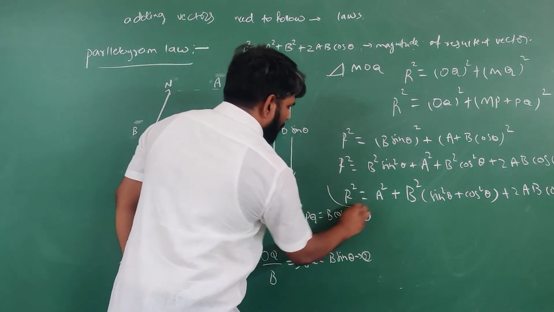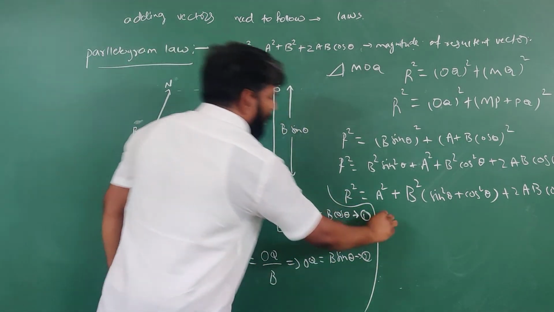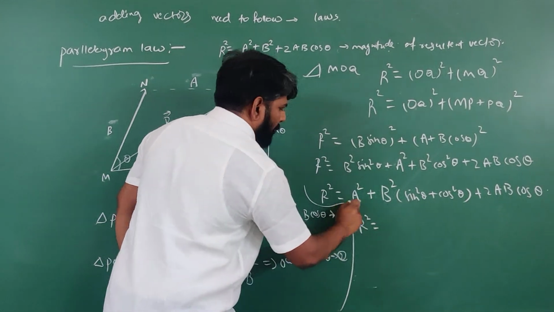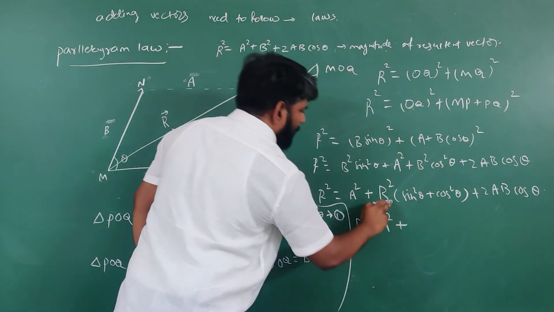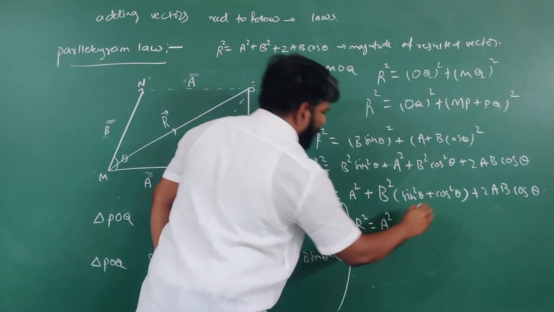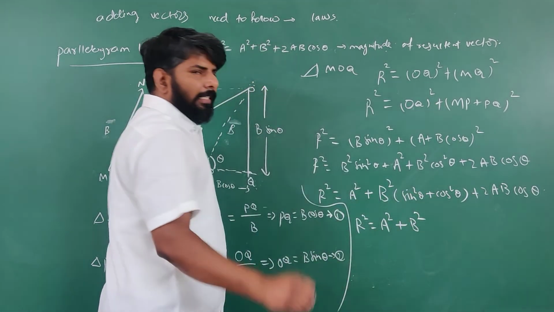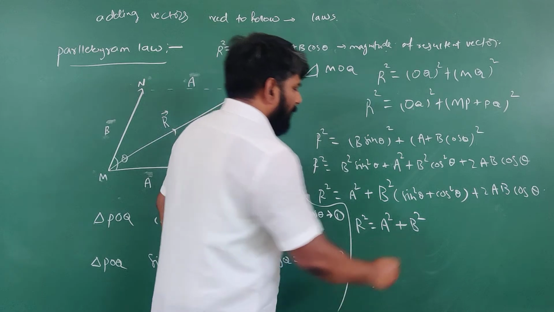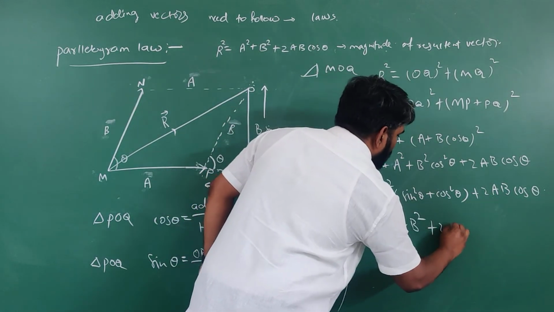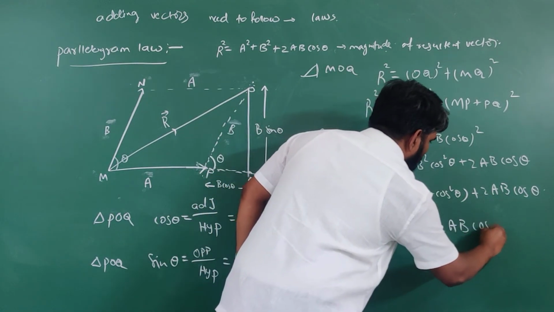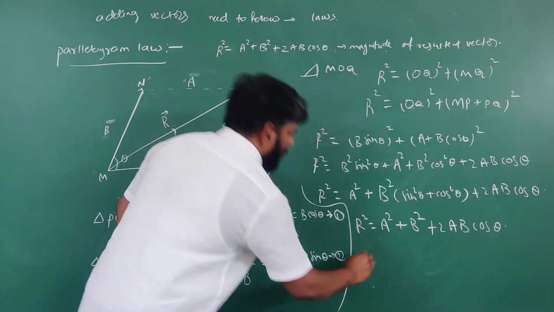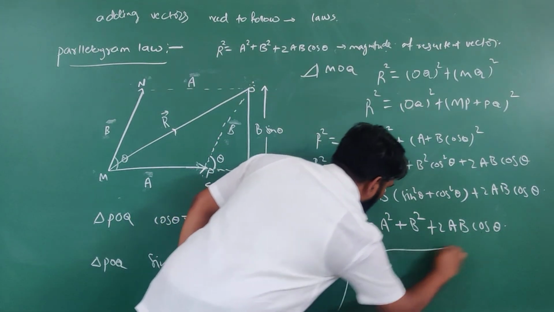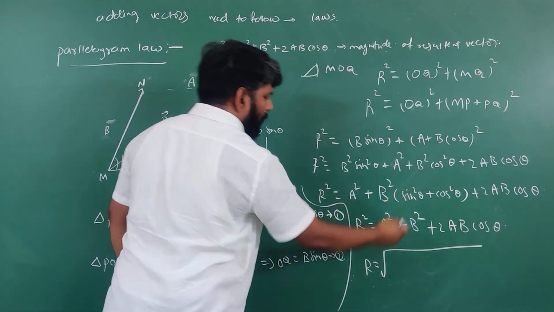Okay. Now observe here. Now R square is equal to A square plus B square. Sin square theta plus cos square theta is equal to 1. So 1 into B square means B square. What is the remaining? 2AB cos theta. That's it. So therefore R is equal to root, square goes that side, then it becomes root.